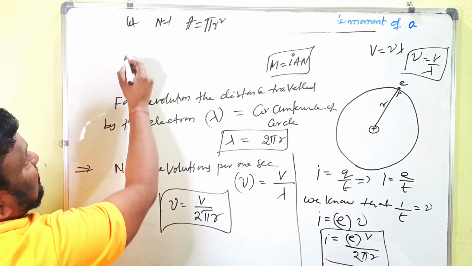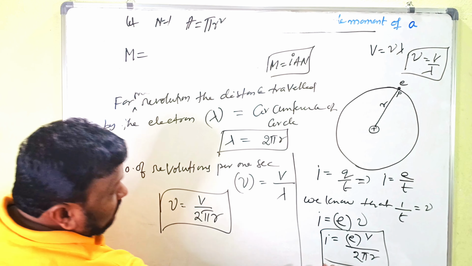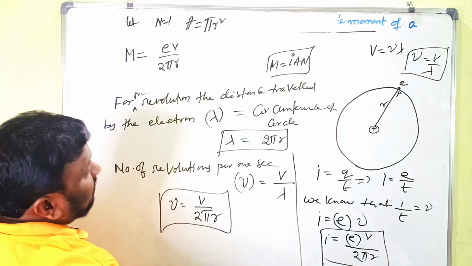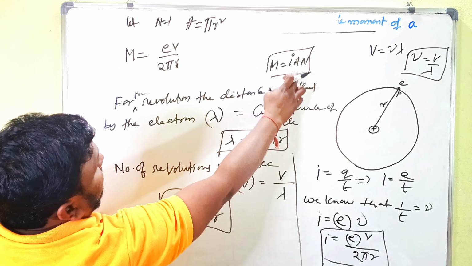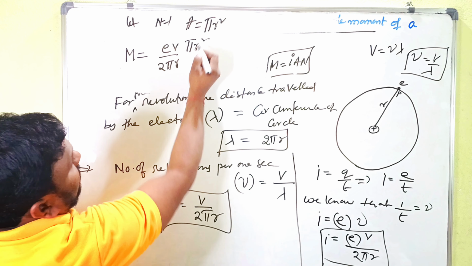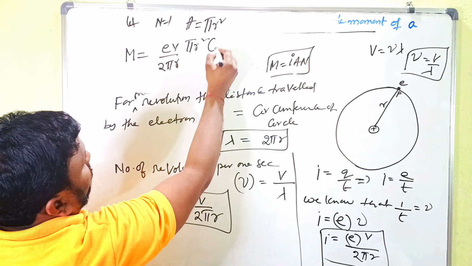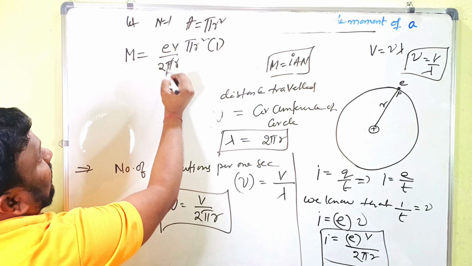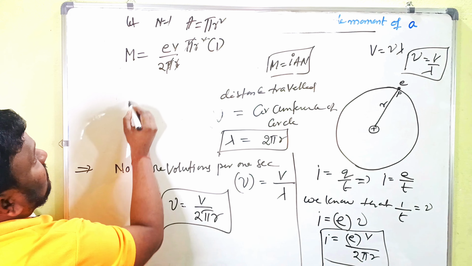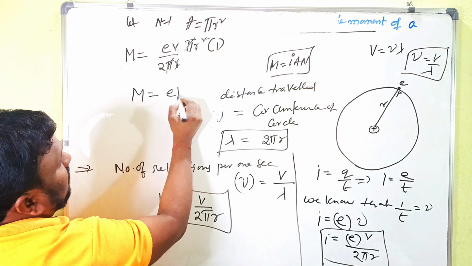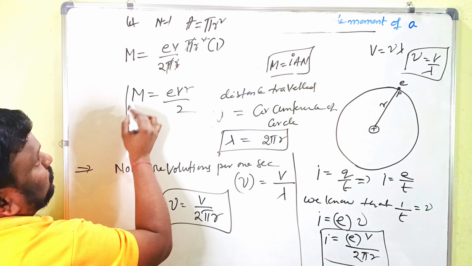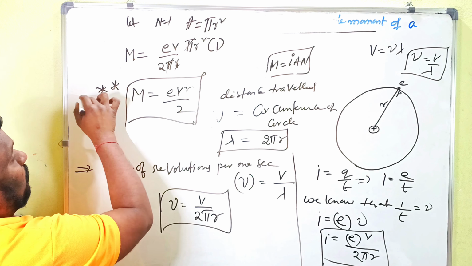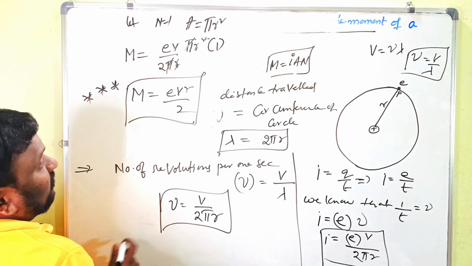M is equal to E V by 2 pi r into pi r square into 1. Pi cancels, one r cancels, and then we get M is equal to E V r by 2. So E V r by 2, children, is the expression for the magnetic dipole moment of a revolving electron.